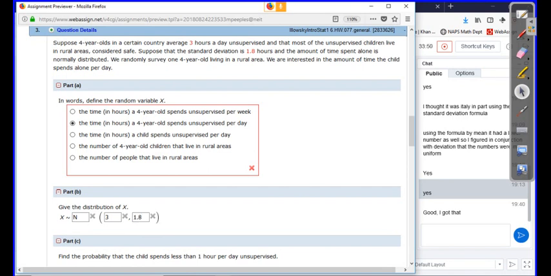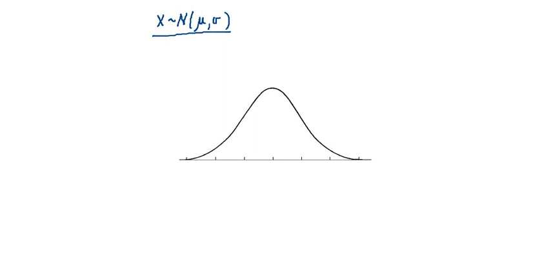So this illustrates one thing to us. If we go to our curve, that means that the mean is 3 hours. Let me get my pen going here. The mean of our distribution is 3 hours. Right?